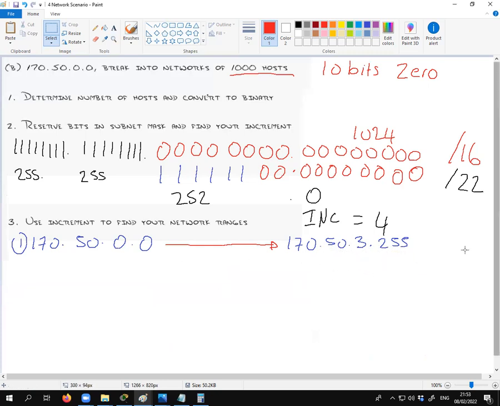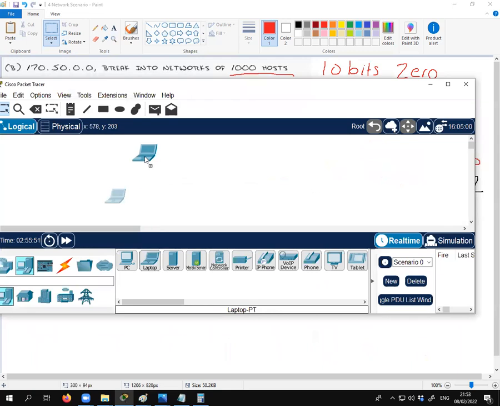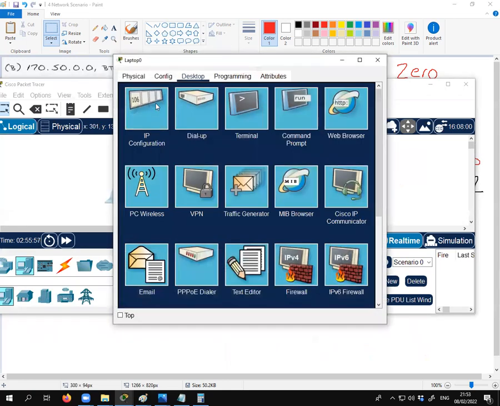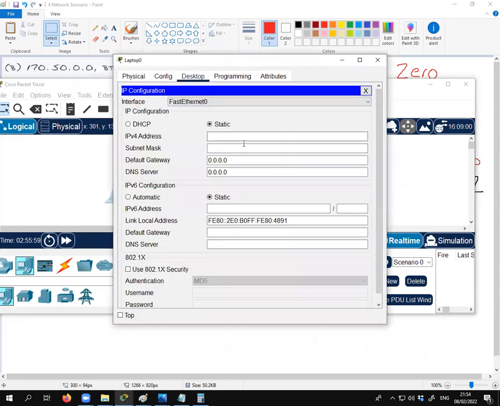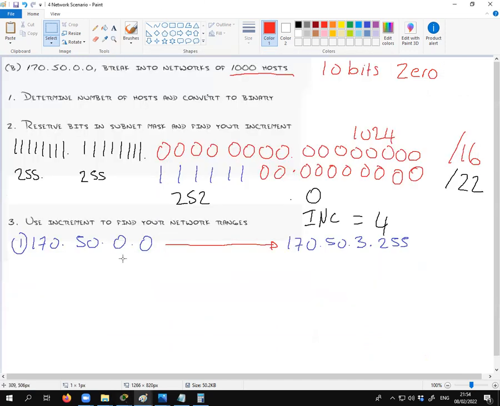So let me just take Packet Tracer. Got a PC? Okay. And we're going to say 170. Let's say, look at this one here.